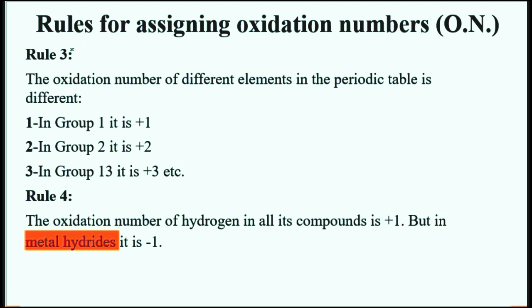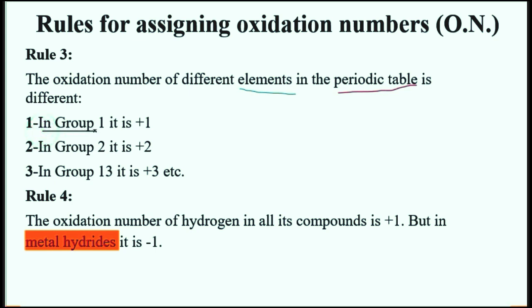Now we are going to discuss rule number 3. This rule is basically about elements in the different groups of the periodic table. These elements exist in the periodic table in different groups.